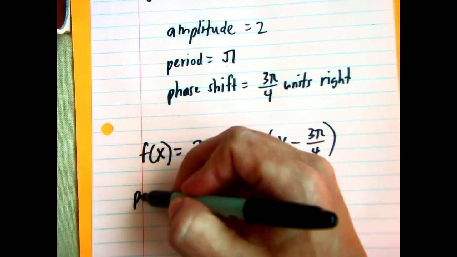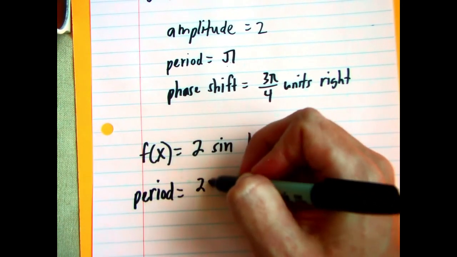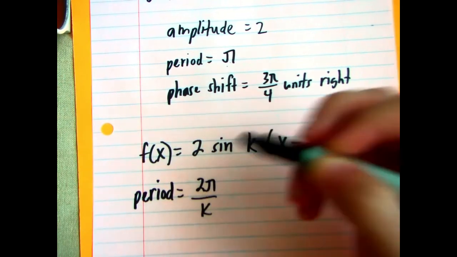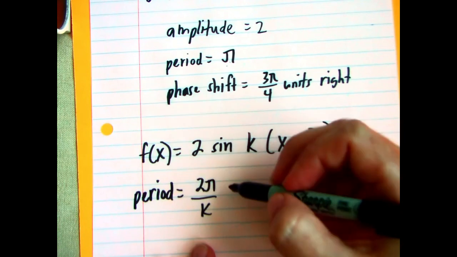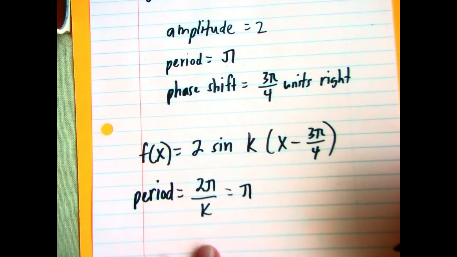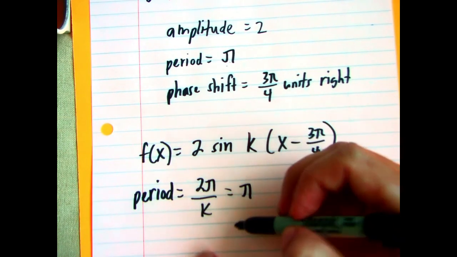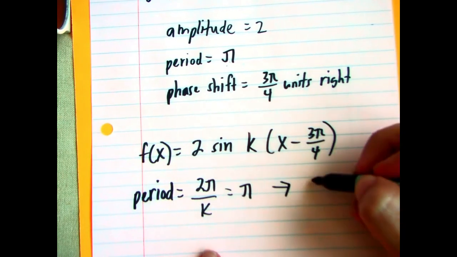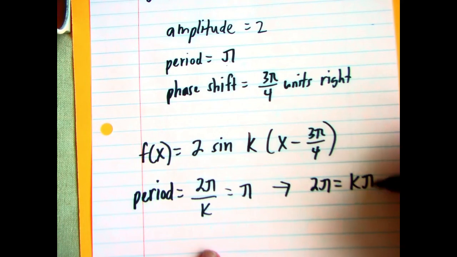So how do we get period? Well, period is 2 pi over K. And based on the picture, we know the period is equal to 1 pi. So this little equation will enable us to solve for K. So solving this equation, we get 2 pi equals K times pi.